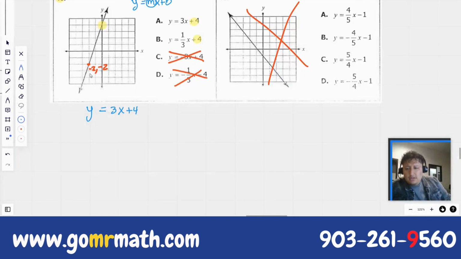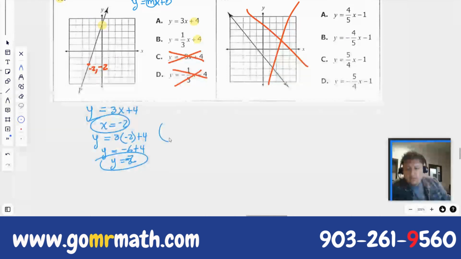Okay, let's try for x equals to -2. So I have y equals to 3 times -2 plus 4. Y is equals to -6 plus 4, and -6 plus 4 is -2. So when x is equals to -2, this is negative, then y is also equals to -2. So here is my point. This is telling me that this point here belongs to this equation. So that should be the equation of the line.